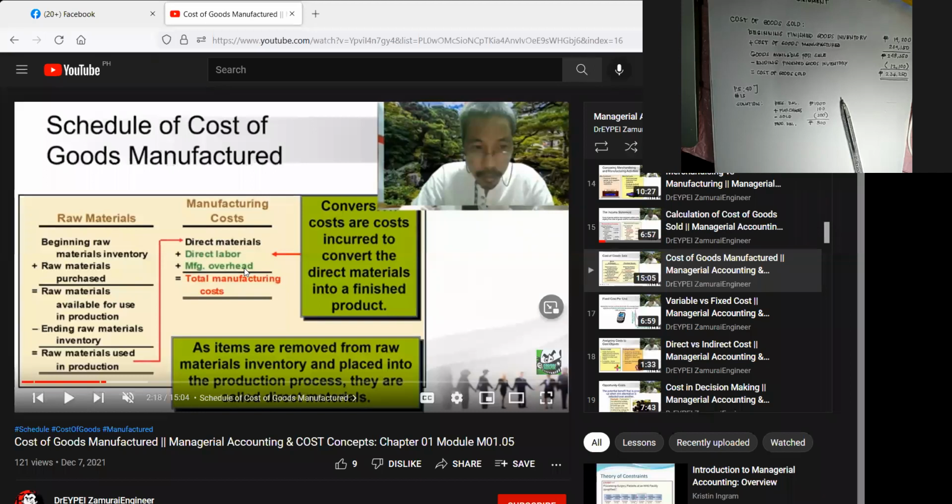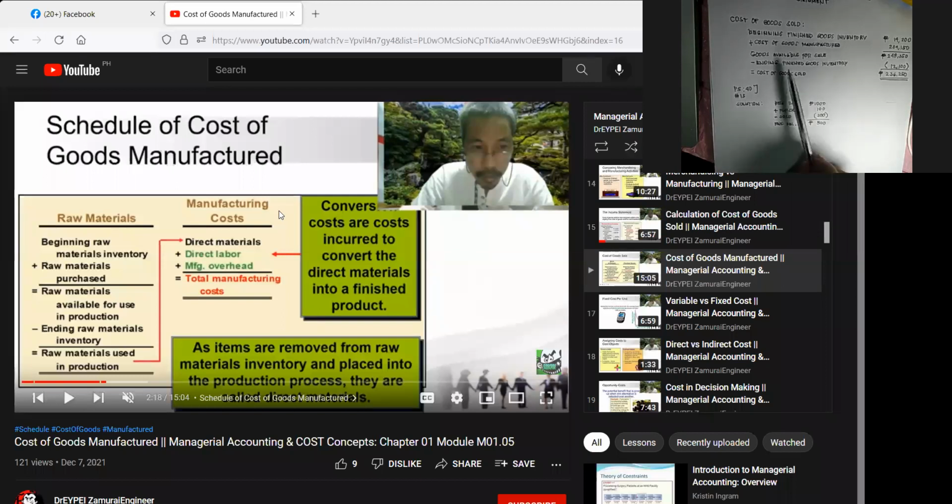I am always repeatedly saying this: labor, materials, or equipment. If you are using equipment, equipment is also either overhead or material. So there are only three things included in manufacturing cost.